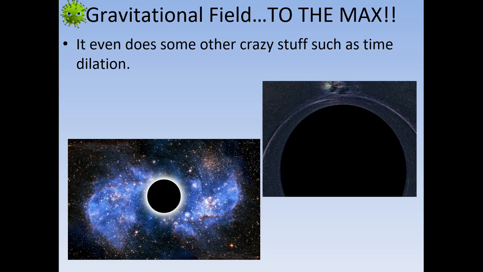Some other interesting things is that we all know that light falls into a black hole. Nothing that goes into a black hole leaves. However, that's not the full story. Apparently, it turns out that that's really only true for stationary black holes, but some black holes are considered rotating black holes.